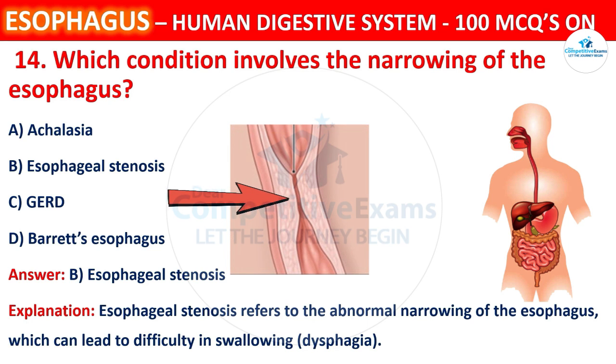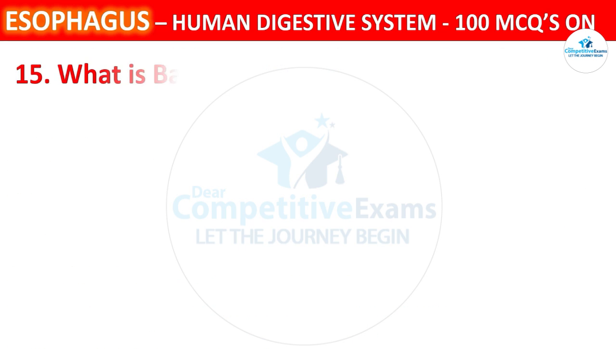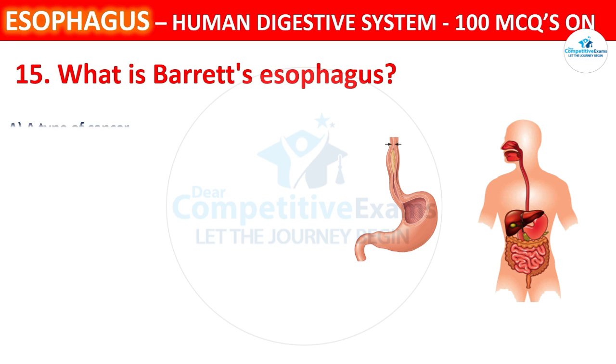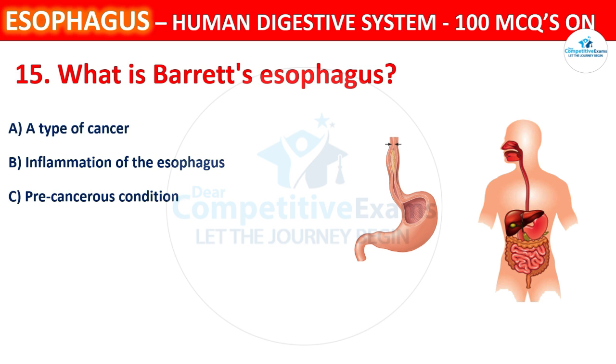Question number 15. What is the Barrett's esophagus? Your options are a type of cancer, inflammation of the esophagus, precancerous condition, or scar formation in the esophagus.